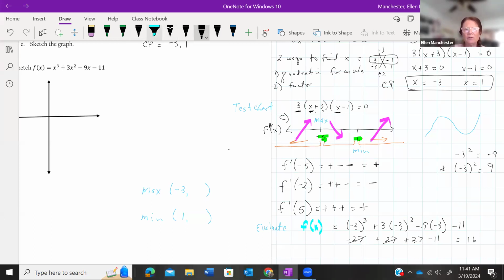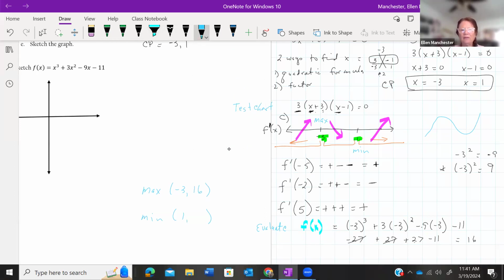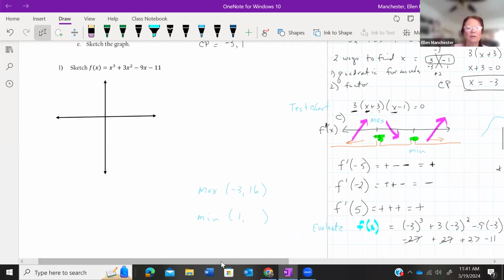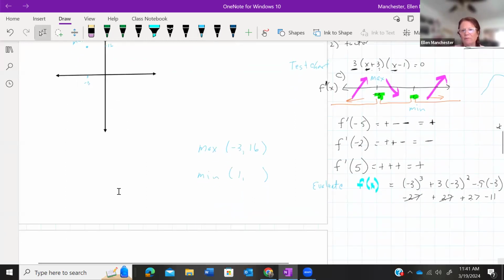So my maximum is at -3, 16. Okay, so I'm going to come over here and graph it. And this is a sketch, right? It's just a sketch. You don't have to be accurate. I can come over here and go -3 and 16. There's my max. All right, now let's find out where our minimum is.